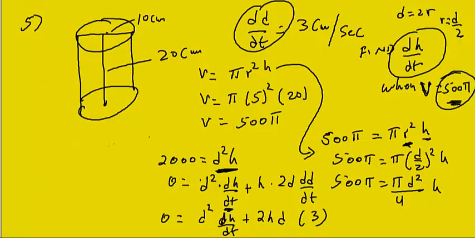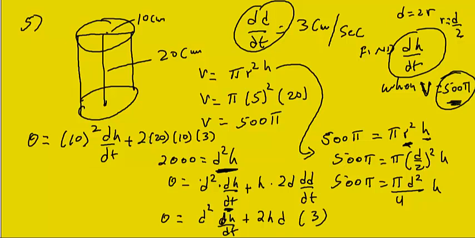So 0 is equal to d squared. My d happens to be 10. Then my dH/dt is what I'm trying to find. And then plus 2 times h, which happens to be 20, times d, which is 10, and then times 3. So take everything to one side.